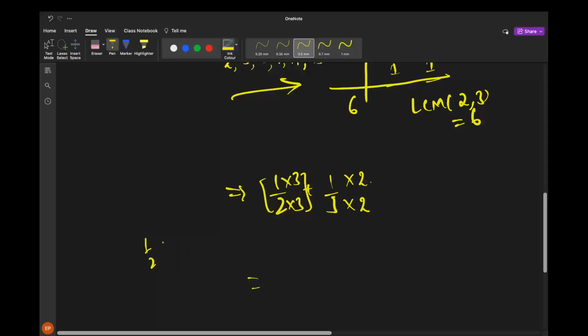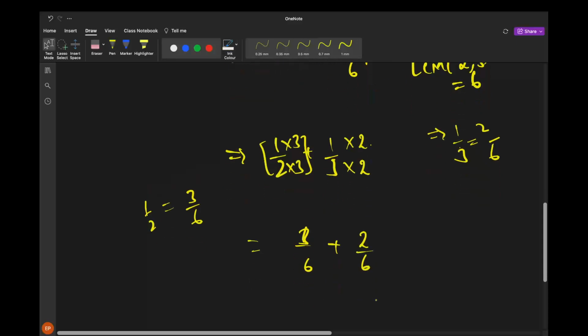Then only 1 by 2 equals 3 by 6, and 1 by 3 equals 2 by 6. So it became 3 by 6 plus 2 by 6.